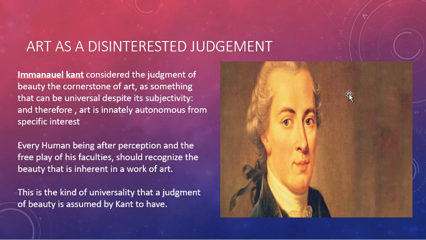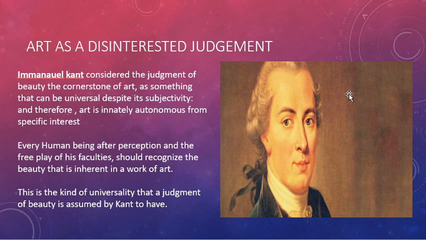Let's now move to the next philosopher, Immanuel Kant. According to him, art is a disinterested judgment. Kant considered the judgment of beauty the cornerstone of art, as something that can be universal despite its subjectivity. Therefore, art is innately autonomous from specific interests. Every human being, after perception and the free play of his faculties, should recognize the beauty that is inherent in a work of art.